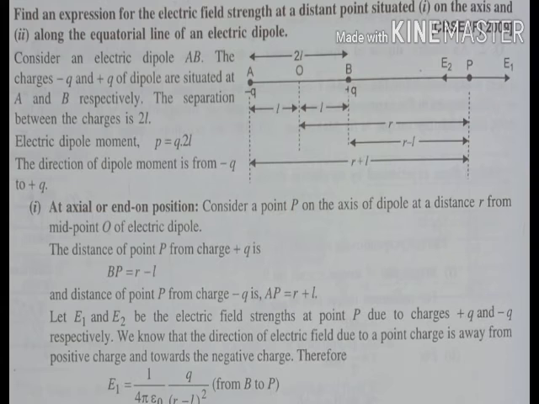We know that the direction of electric field due to a point charge is away from positive charges and toward negative charges.